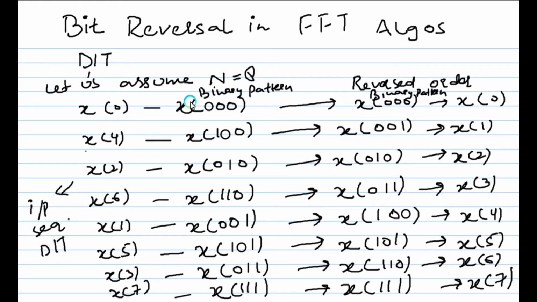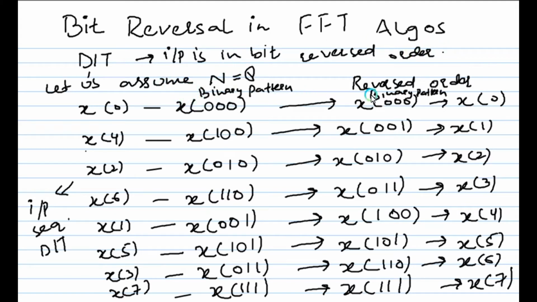So we can conclude from this that in the case of the decimation in time algorithm, the output is in the normal order, from X of 0 to X of 7, whereas the input is in the bit reversed order, that's from x of 0, 4, 2, 6, 1, 5, 3 and 7. So bit reversal, I can say, the input is in bit reversed order.